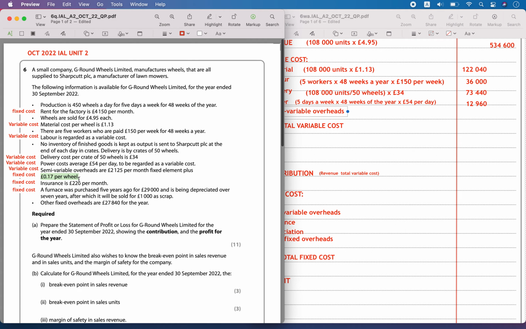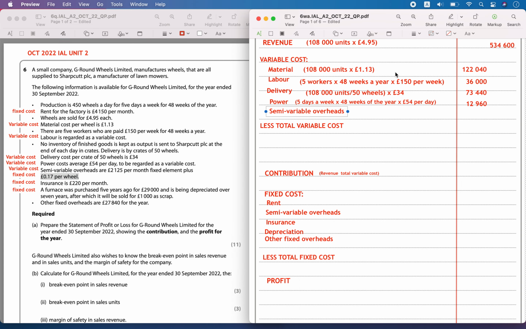It is also saying 0.17 pounds per wheel. So we can see that 108,000 units are produced, and each is paid 0.17 pounds per wheel.